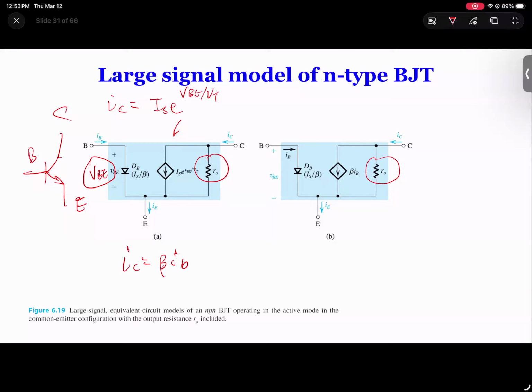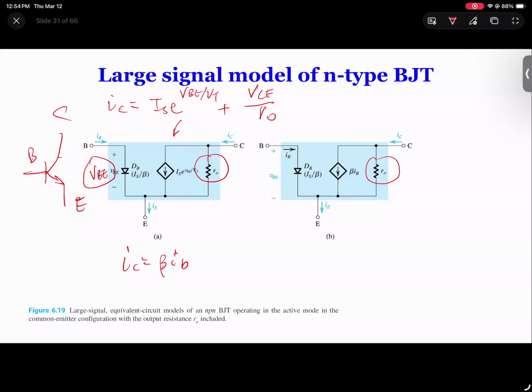You mark them. In this case, this side is a current source controlled by VBE. So that's the current IC. But this is just identical, without RO. Now, when you have RO, what you're saying is you're adding a term of VCE over RO.